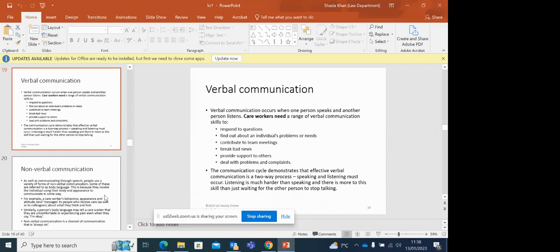Care workers need a range of verbal communication skills. Why is it important for care workers to have these skills? Why do you think a care worker needs to have good verbal communication skills?